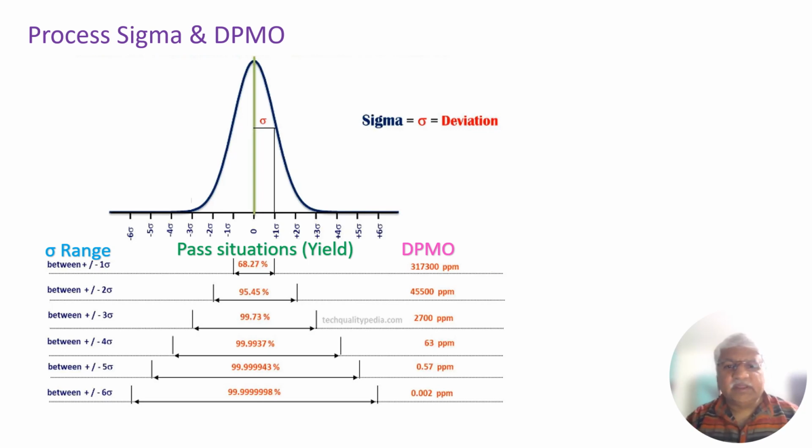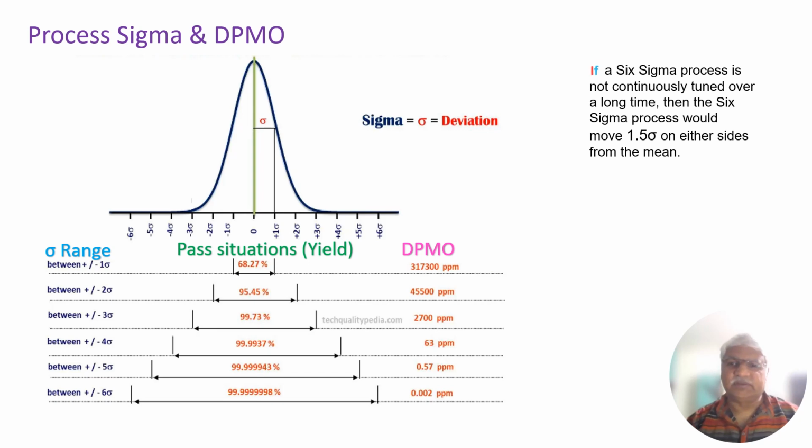However, note that there is a situation wherein if a Six Sigma process is not continuously tuned over a long time, then the Six Sigma process would move 1.5 sigma on either side from the mean. This is a very crucial statement.